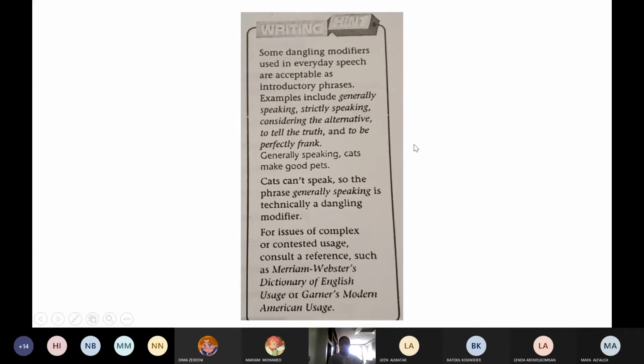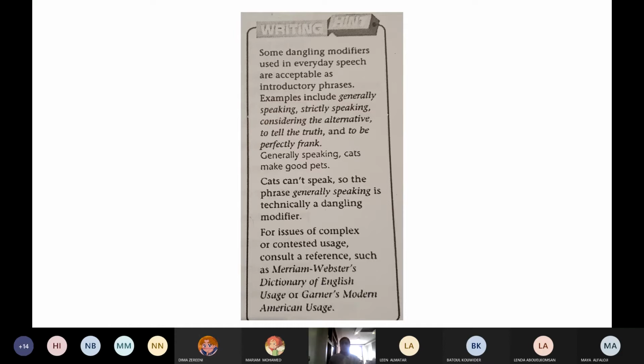To be perfectly frank, generally speaking, cats make good pets. Generally speaking here is not about the cats. Cats here is not modified, but "generally speaking" is an introductory phrase.